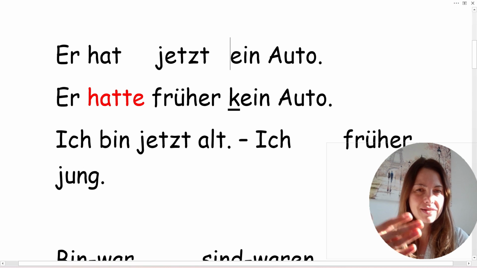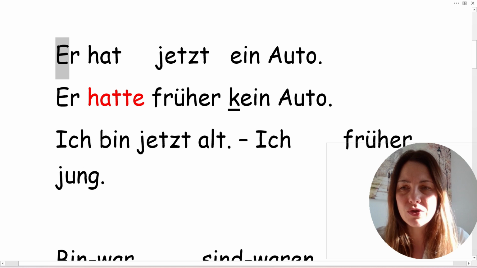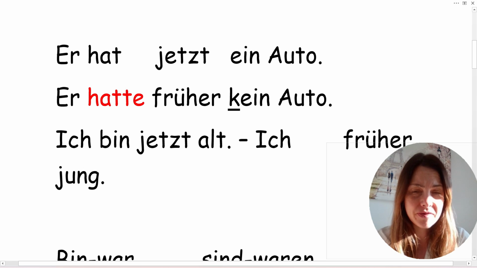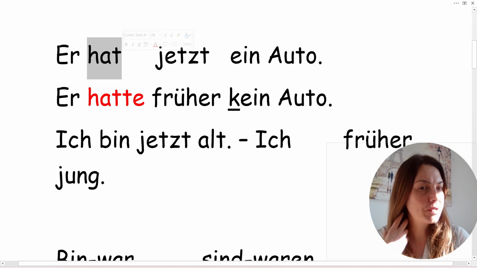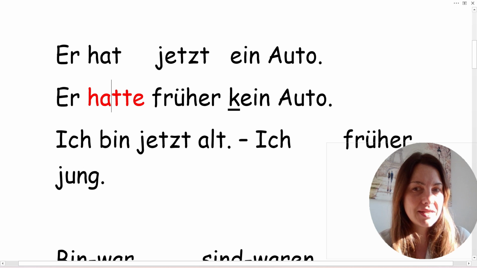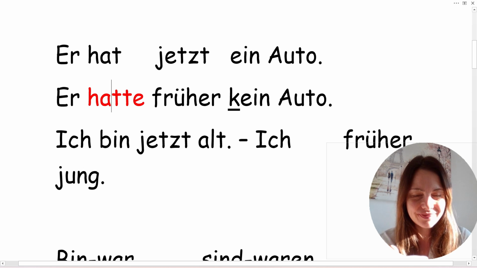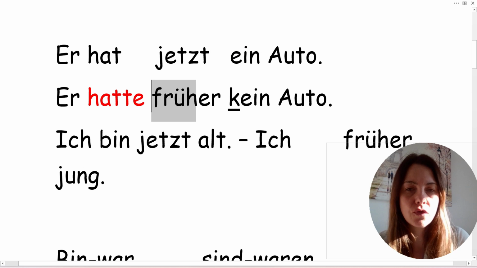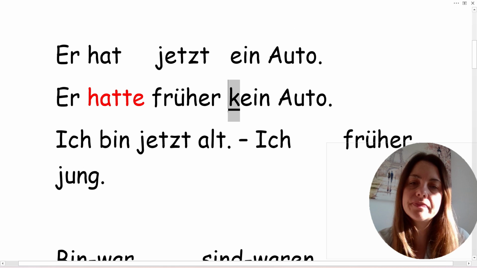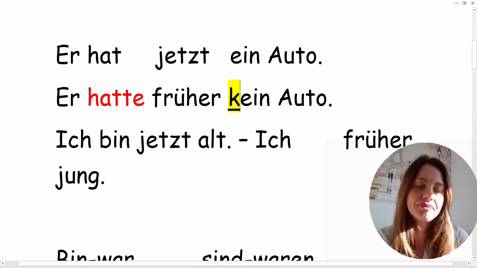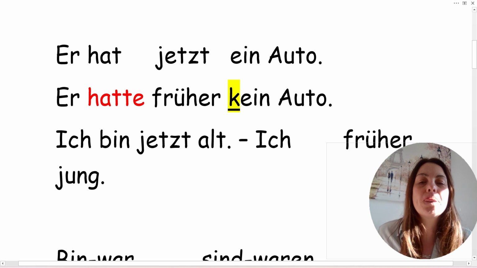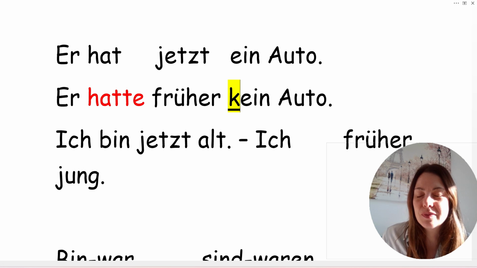Everything has its own place. The subject of the sentence is he. Main verb is haben, to have. Third person singular present is hat, he has. And past simple is hatte, he had. Jetzt, now, früher, before. Ein Auto, a car. Kein Auto, no car. Okay, that's with the verb haben.